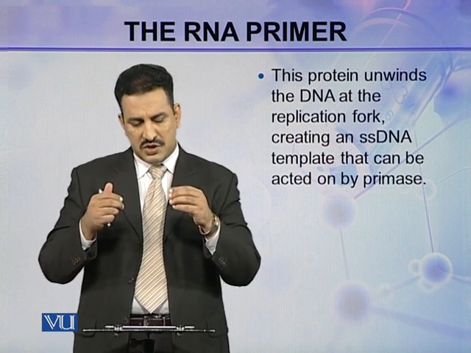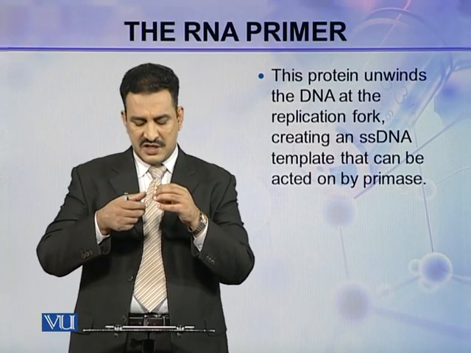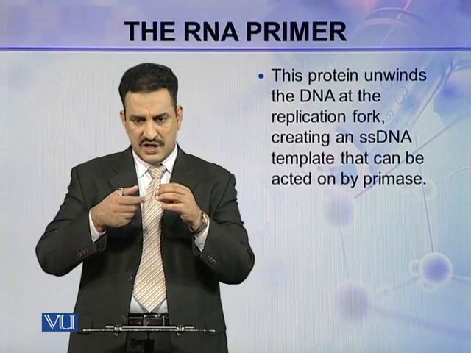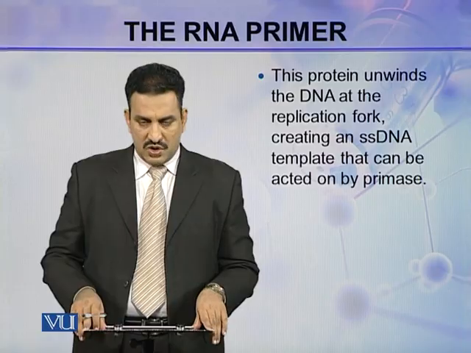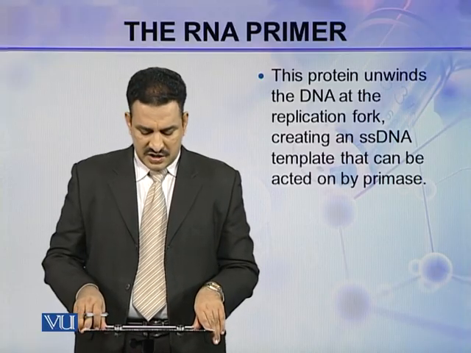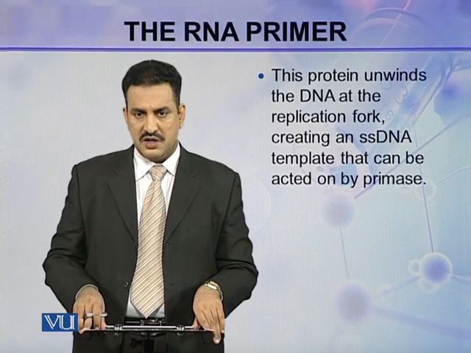So if this fork keeps on moving, it requires that this winding should be unwound. So it creates a single-stranded template that can be acted upon by the primase.